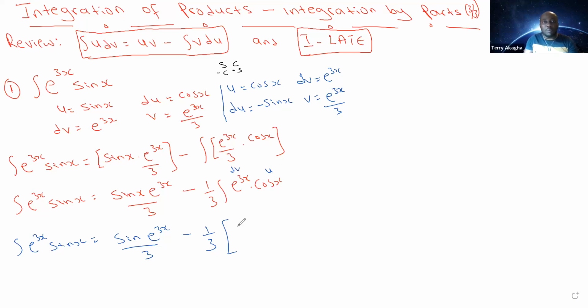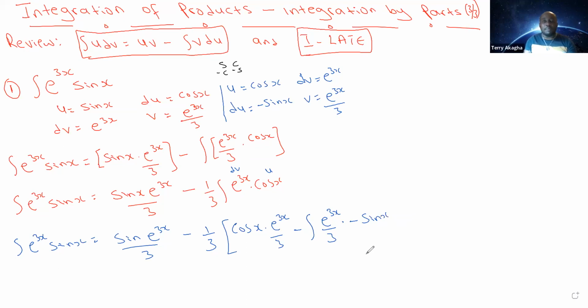So our u is going to be cos x, and our v is e^(3x) over 3, minus integrating, what is our v? Our v is e^(3x) over 3 multiplied by, what is our du? Our du is minus sin x.